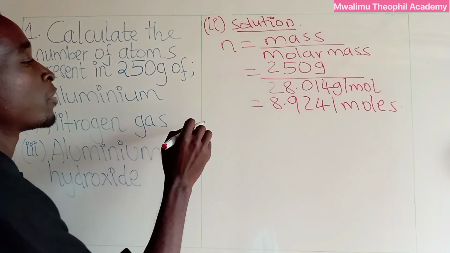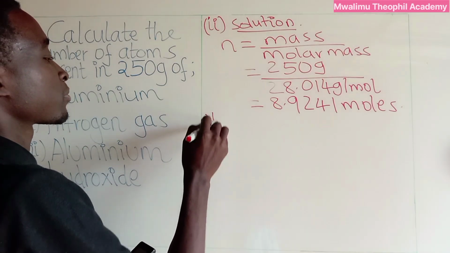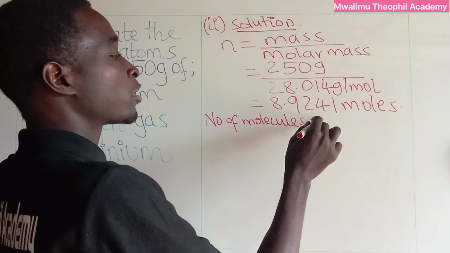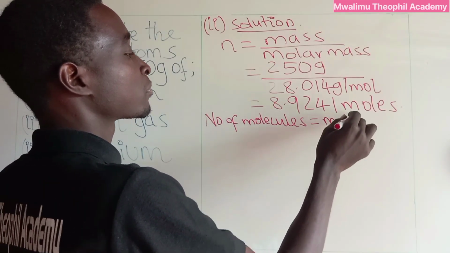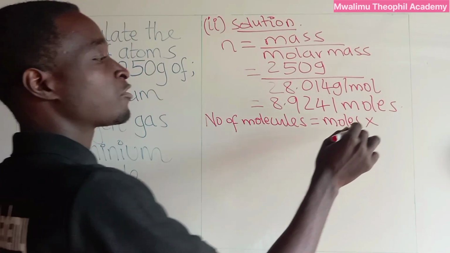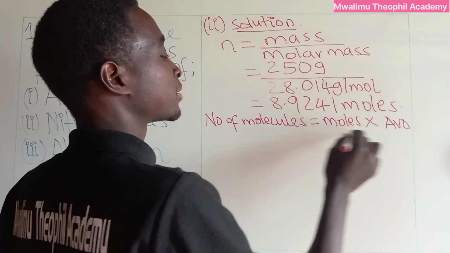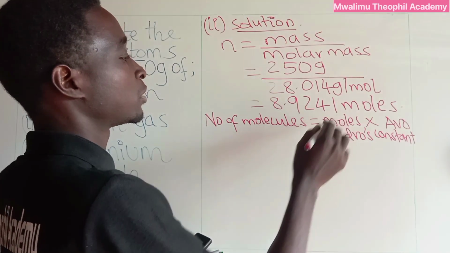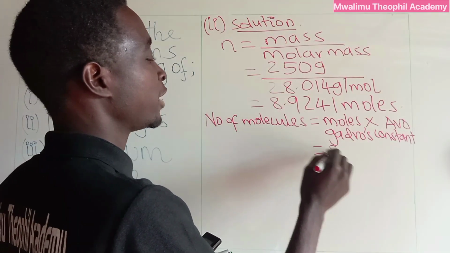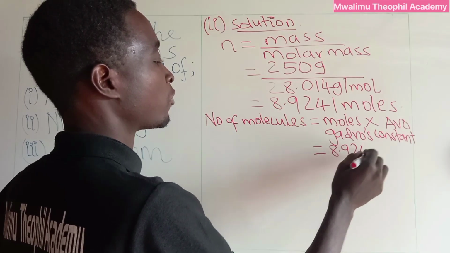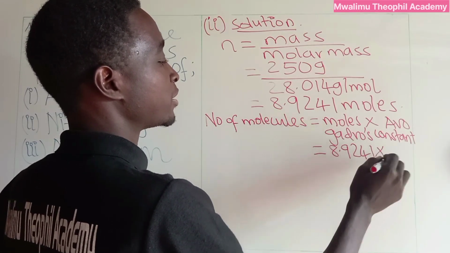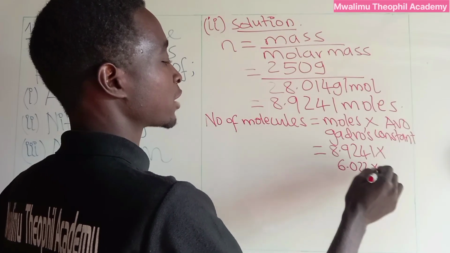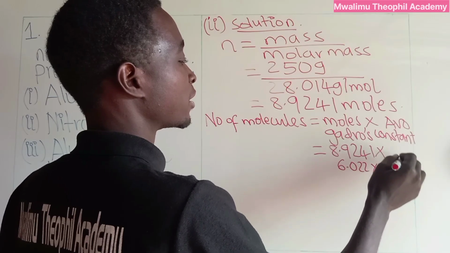So, the number of molecules is equal to the number of moles times Avogadro's constant. This will be equal to 8.9241 times Avogadro's constant, which is 6.022 times 10 raised to 23.